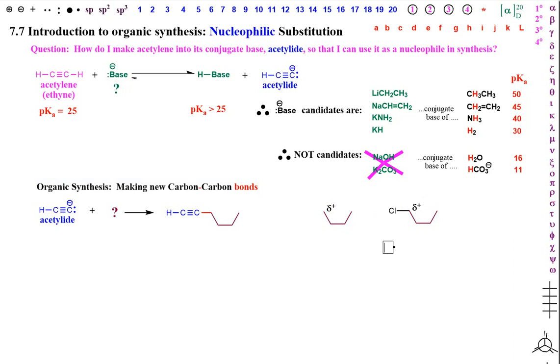The combination of chlorine being electronegative, which makes the carbon feel slightly positive, and the fact that chloride is a stable species makes this an ideal candidate, as opposed to this molecule, an OH.